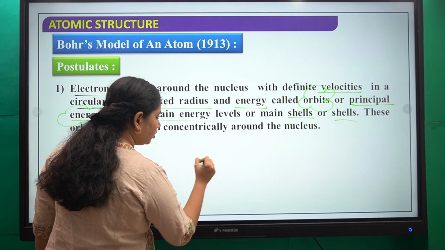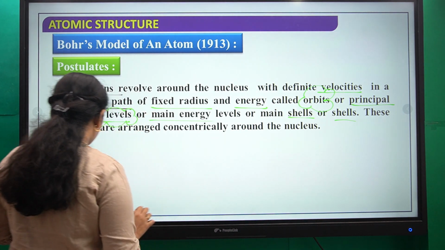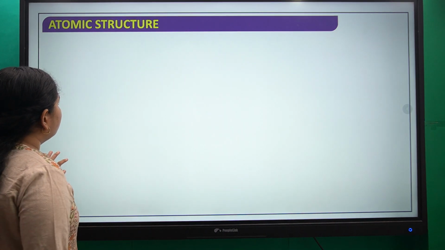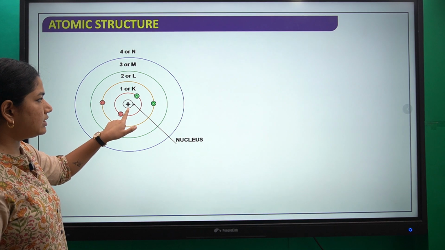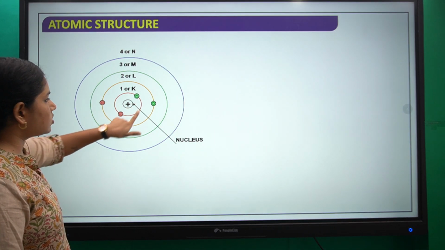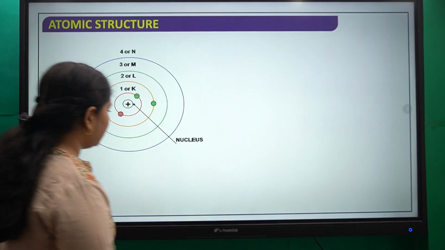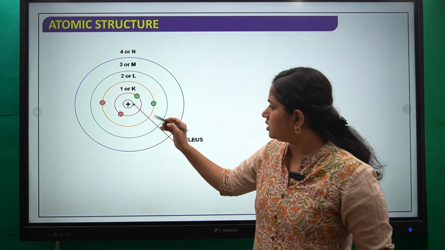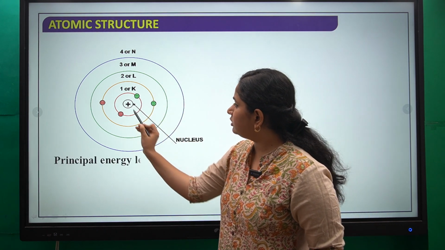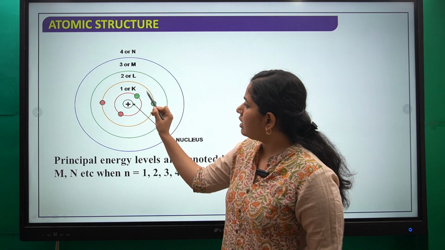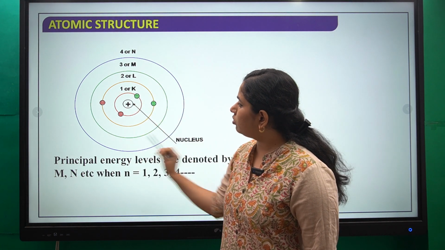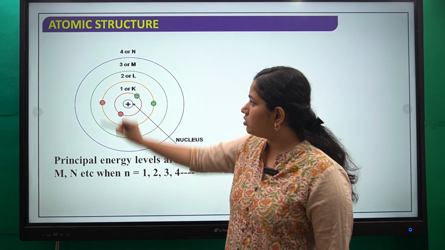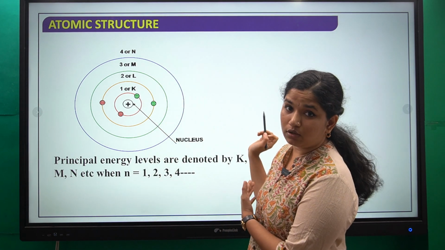If this is the nucleus, let's draw. This is the first orbit, the second orbit, third orbit, fourth orbit, fifth orbit, and it keeps on continuing.